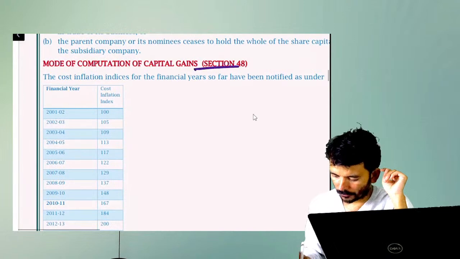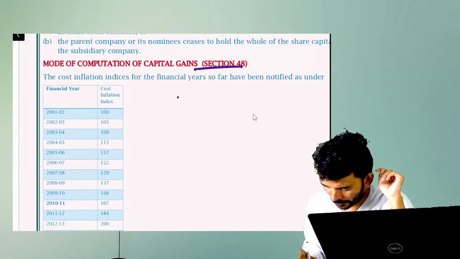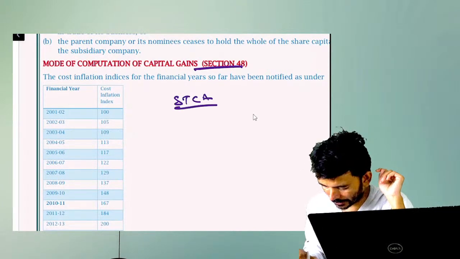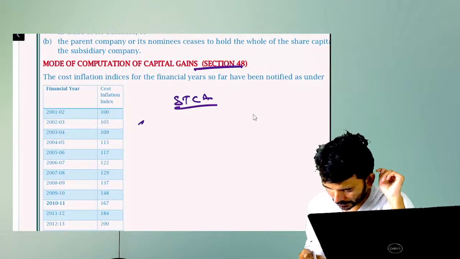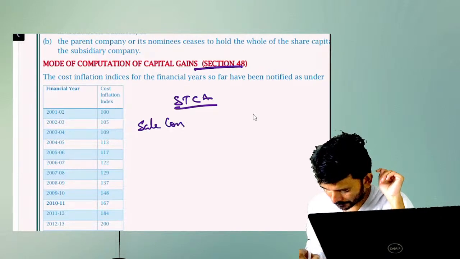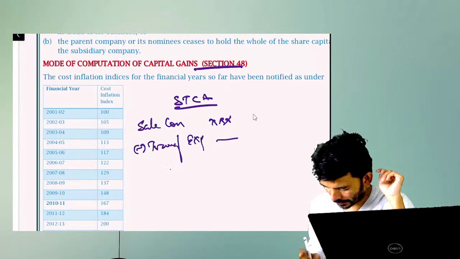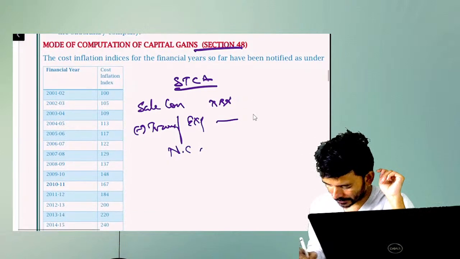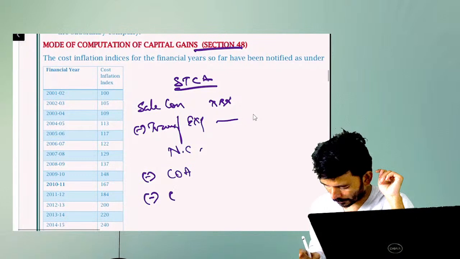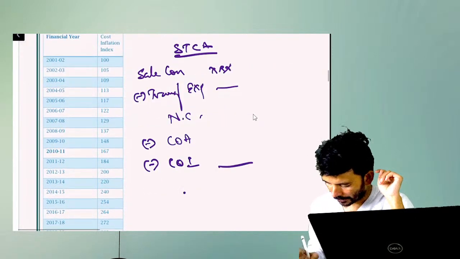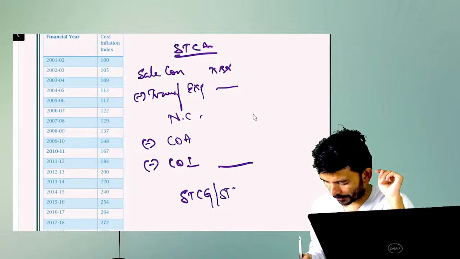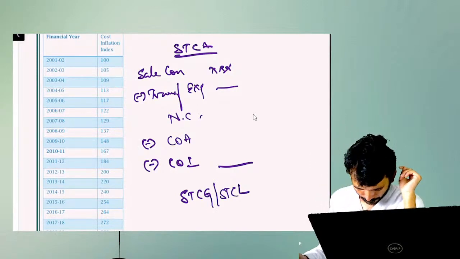And section 48, you know this thing. For a short term capital asset, you will have sale consideration, transfer expenses which are important, and you have net consideration, and you have cost of acquisition or cost of improvement, and you will have short term capital gain or short term capital loss.